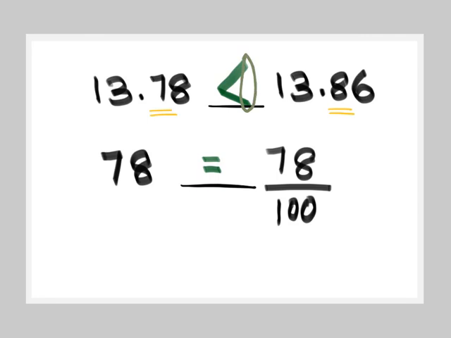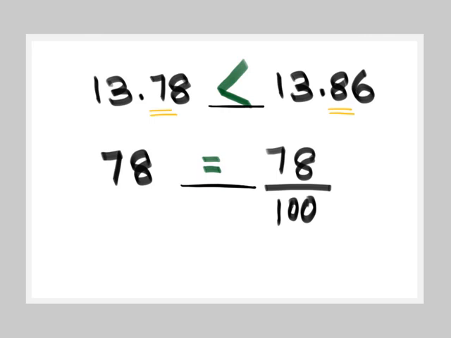It's just like an alligator's mouth: the alligator's mouth should open towards the bigger number. That is why this symbol is given, where the alligator mouth is open towards the bigger number.